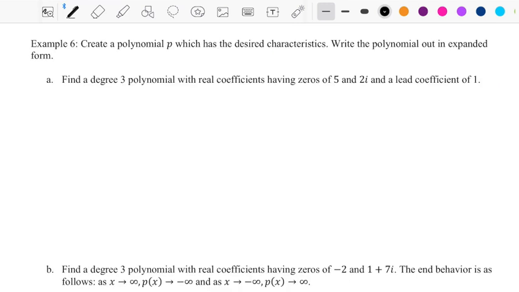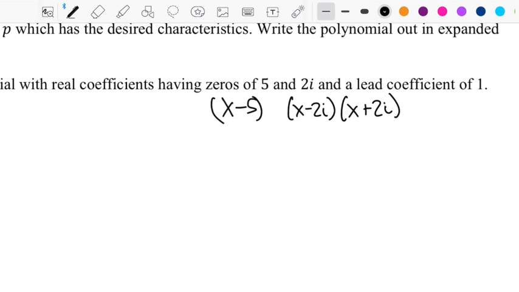This one wants us to have a degree 3 with having real coefficients having zeros of 5 and 2i and a leading coefficient of 1. So a 0 at 5 looks like this. A 0 at 2i looks like this. And remember, we always have our complex conjugate also.